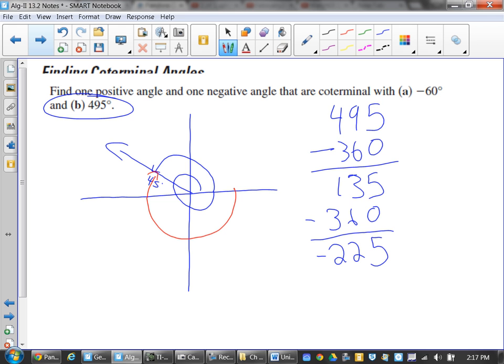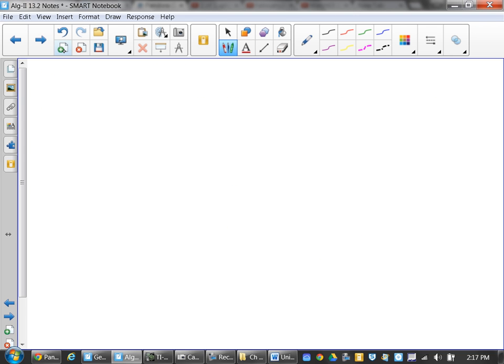Yeah, you always start at the positive x-axis and just work your way around if it's positive, and you work clockwise if it's negative. So in the other example there, I have the negative 60. If I graph negative 60 to get my coterminals, if it's negative 60 to start, I start at 0, I just go down 60 degrees.